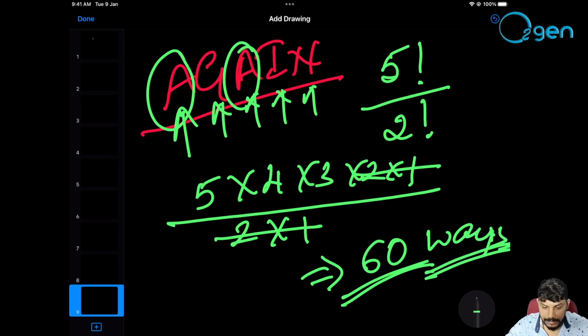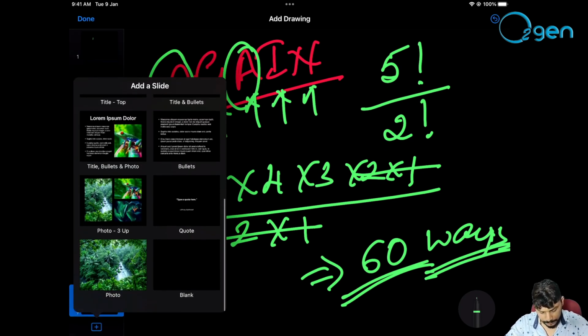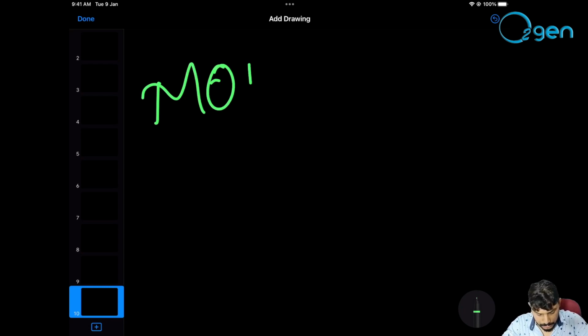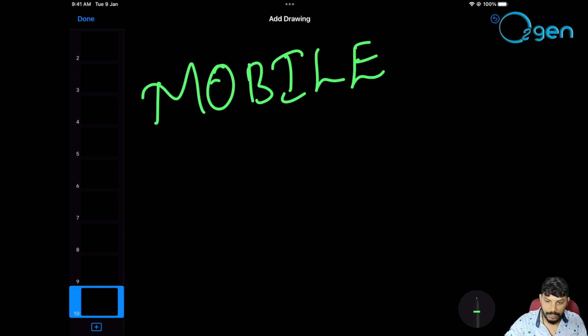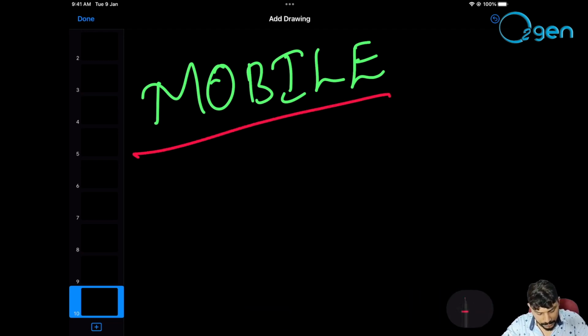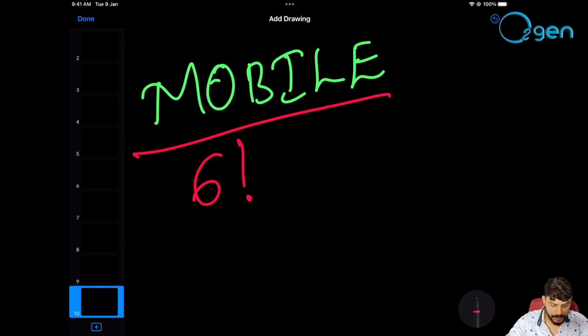Let me take one more example, a simple word. I'll take MOBILE. So how many letters are there? There are 6 letters, right? How many different ways can I arrange these 6 letters? 6 factorial ways, since no letter is repeated.